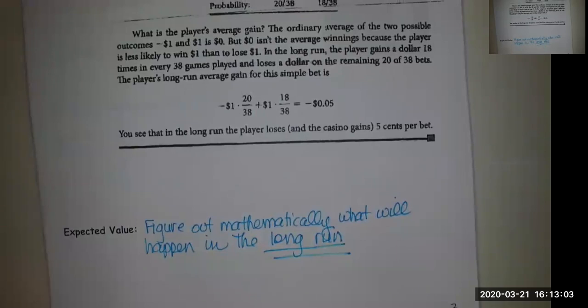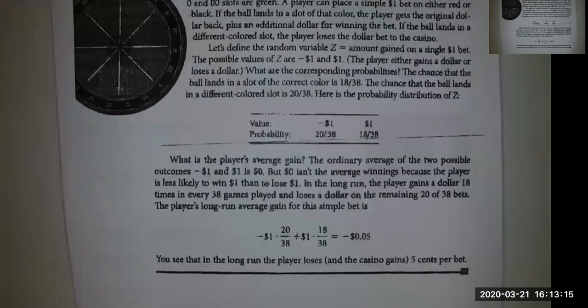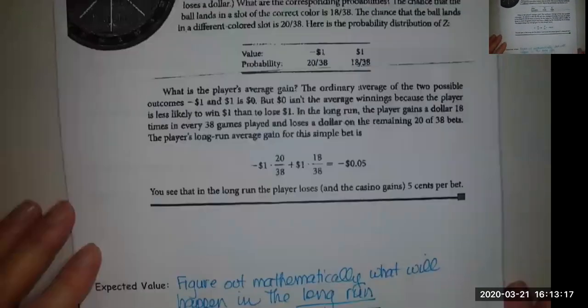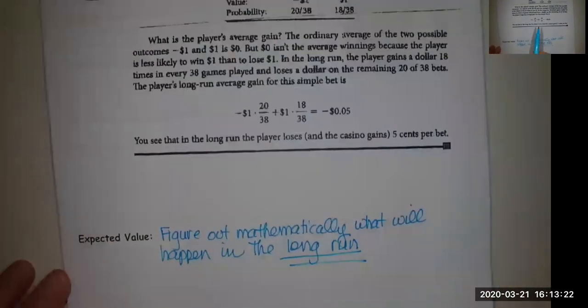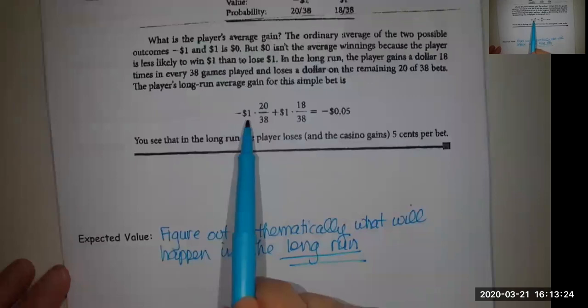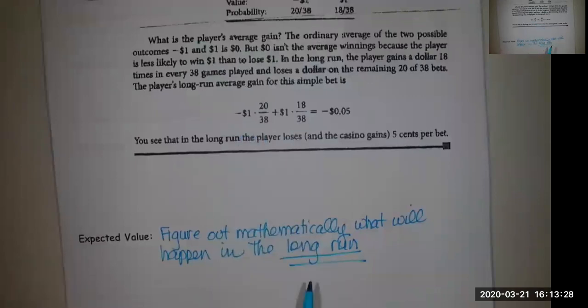So in the real world, casinos do much better than what the expected value suggests. It's always in the favor of the house, I promise. With the roulette wheel, with this specific example, it's because of those green spots. So read that and see. But I want to show you what the expected value is. So we take the amount times the probability that you're going to get it, and we add all those up.